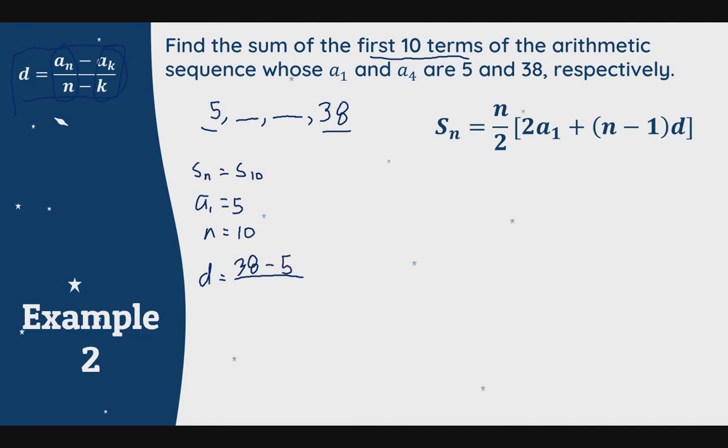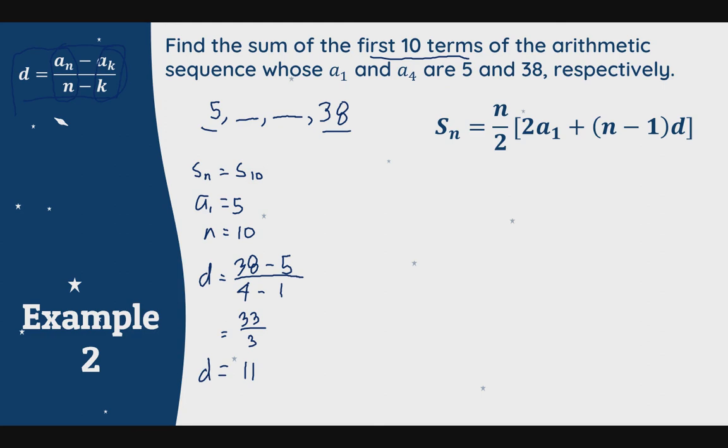Then, yung n tsaka k, ito yung kung pang ilan. So, yung 38 natin, pang apat siya, minus 1 because una yung 5. First term yung 5. So, to get the common difference, we have 38 minus 5 is 33 over 3. Very good. So, the common difference will be equal to 11.